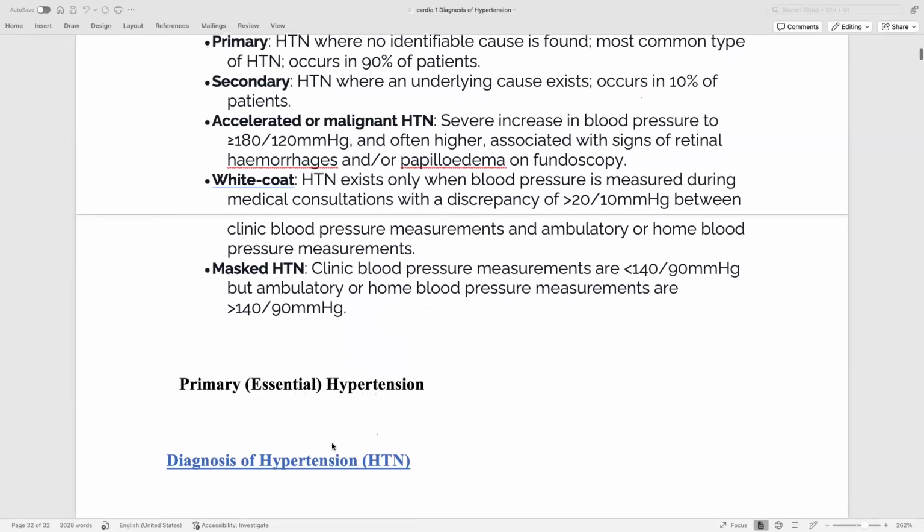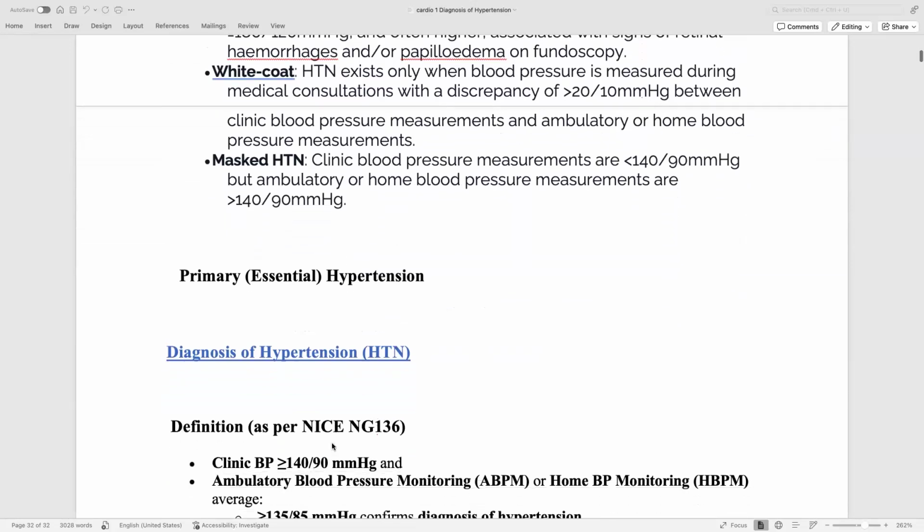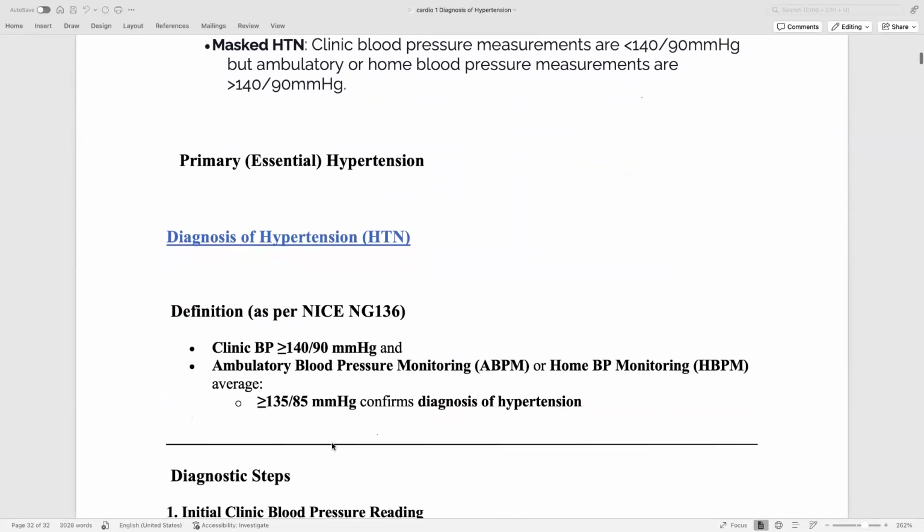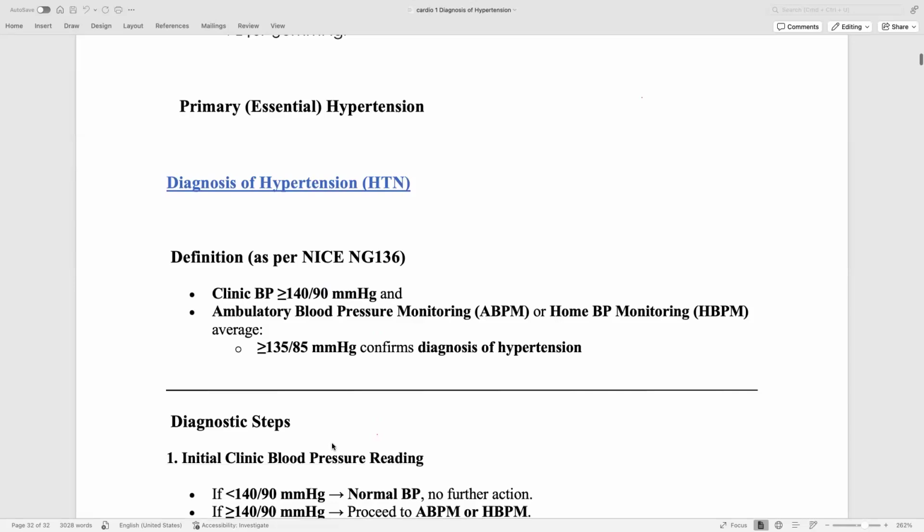All right, let's go and discuss it one by one. The primary and the essential hypertension. When to say this patient is having hypertension? If we got a patient, we measure the blood pressure in the clinic, because this is where the patient will be detected at the beginning.